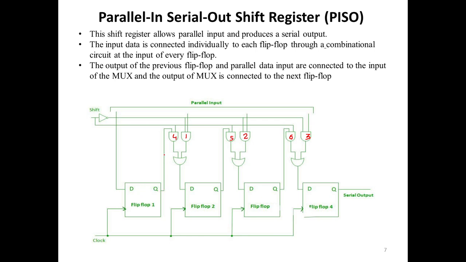This output goes to gate number 4, again this output goes to gate number 5 and gate number 6. So when you want to do the shifting operation, gate number 4, 5 and 6 will be in an active state, and at that time gate number 1, 2 and 3 will be in an inactive state. So this is your parallel in serial out shift register.